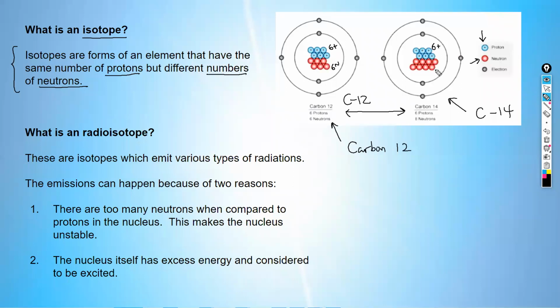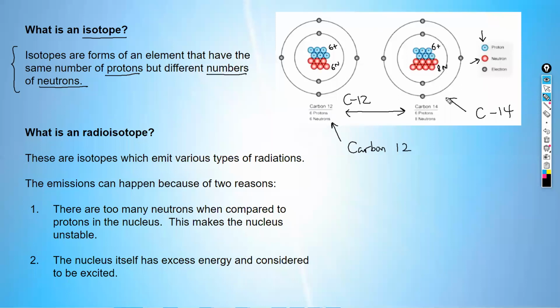Let's look at carbon 14 now. Let's count the number of neutrons. 1, 2, 3, 4, 5, 6, 7, and 8. It has 6 neutrons. No, 8 neutrons. Do you all see the difference there? Both of them have the same number of protons, but a different number of neutrons.